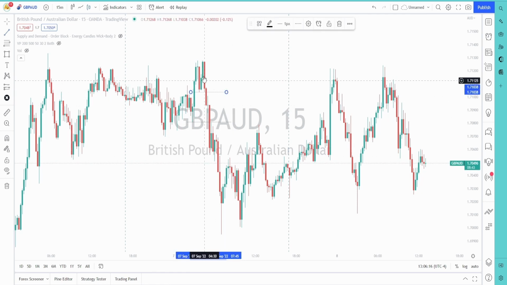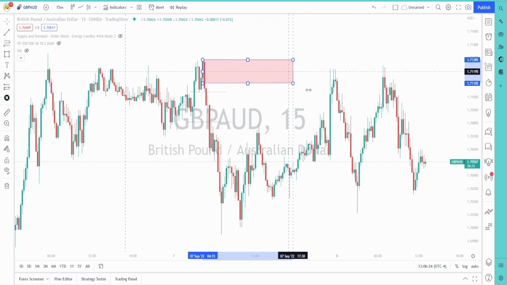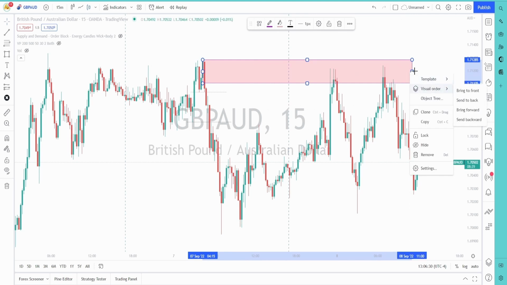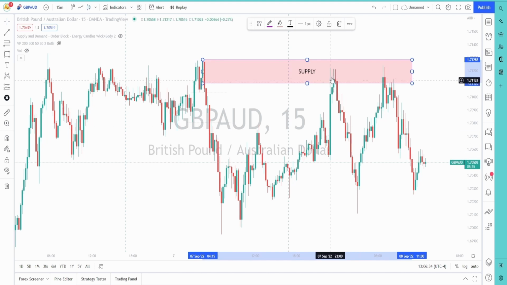And what I would have been doing is looking for opportunities at the top of supply. You can see how price came into the area before changing direction, and you could have gotten in.